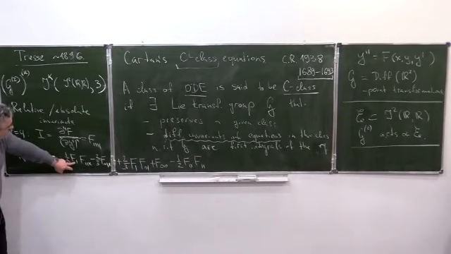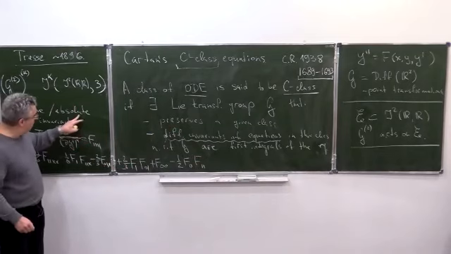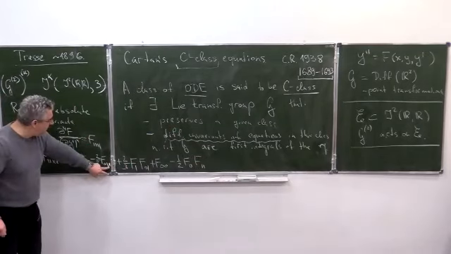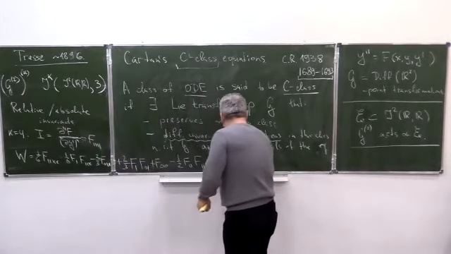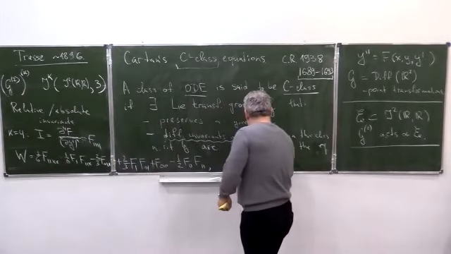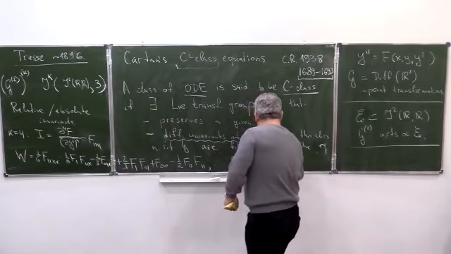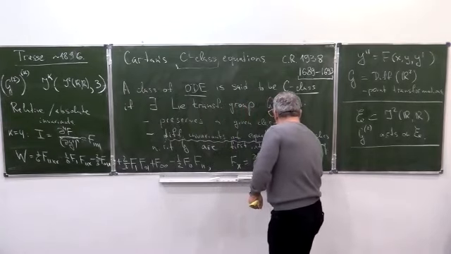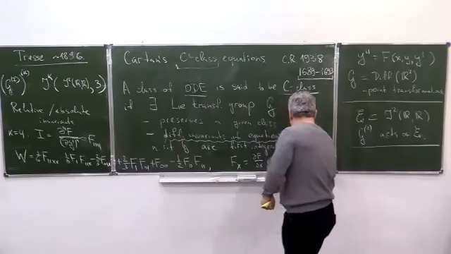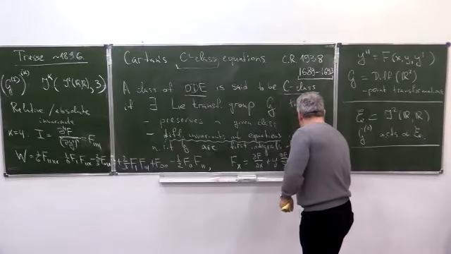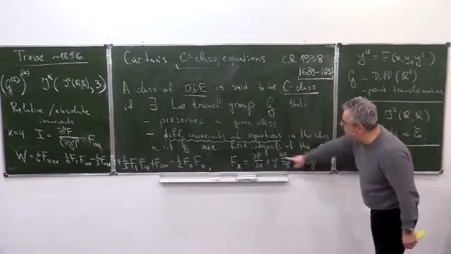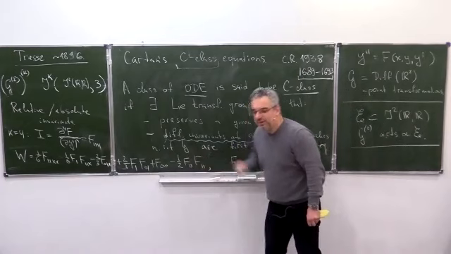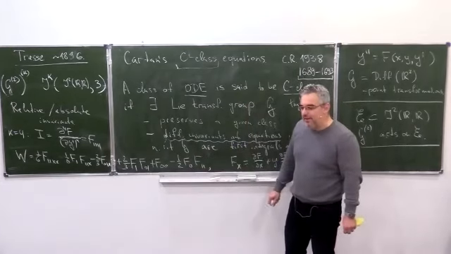So f1 is a partial derivative with respect to y prime. f0 is just a partial derivative with respect to y. Fx is a total derivative, so it's df by dx plus y prime df by dy plus f itself, because it's restricted on the equation, df by dy prime. So these are the formulae and the very explicit formula for this second relative invariant.